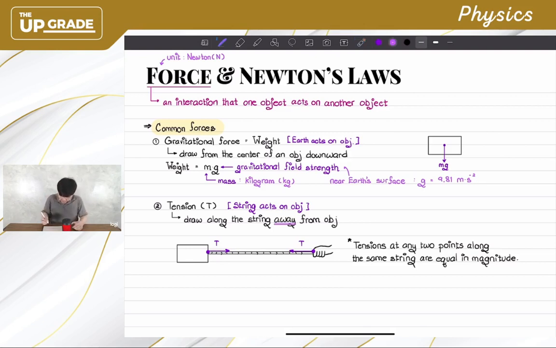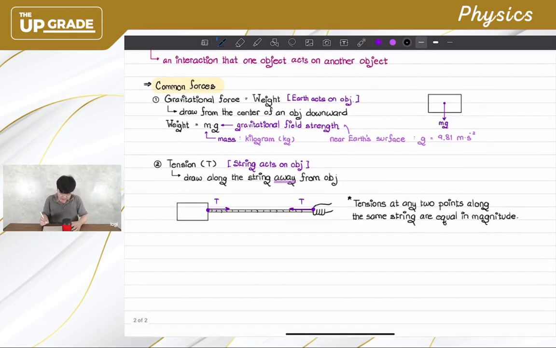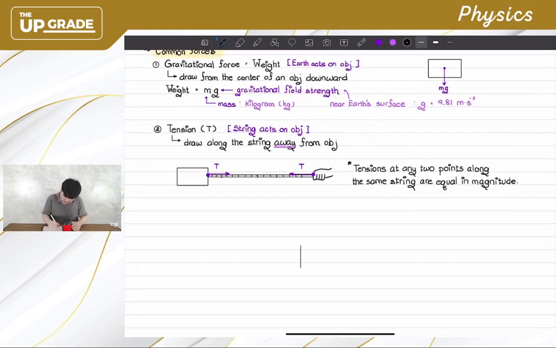For example, sometimes you might see a question like this. Maybe you have a random box here, you have a string hanging it, and then it passes over a pulley, and then you have another box here. Then there is going to be a tension here. Every single time a string is attached to a box, draw a tension away from object, in this case upward.